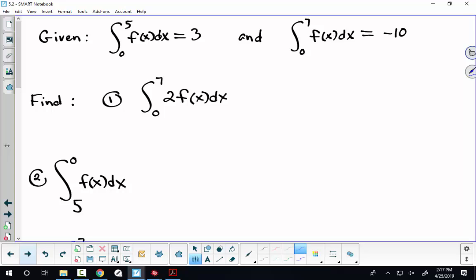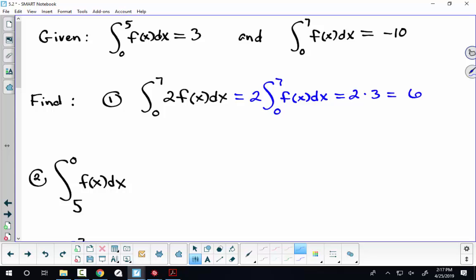Do y'all agree? So remember, this constant times that function is being pulled out. And so we just have 2 times the integral from 0 to 7 of f of x dx, which was given to us as 3. So it's just 2 times 3, which is 6.